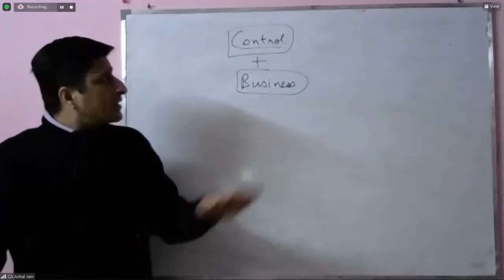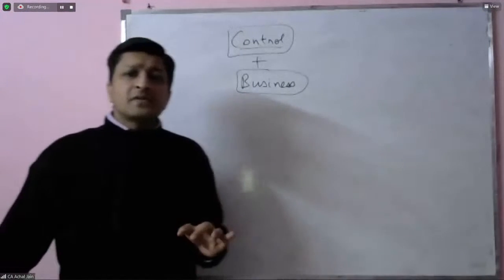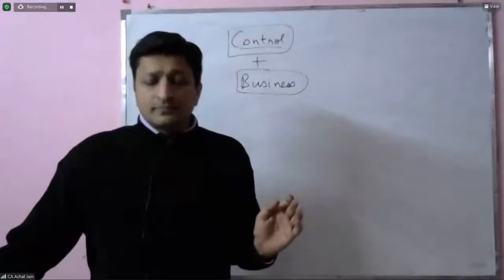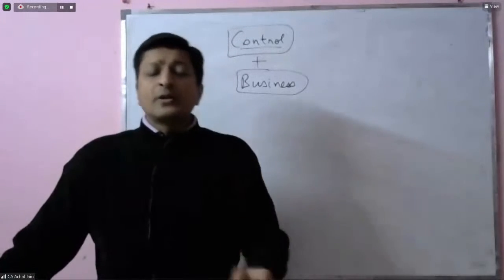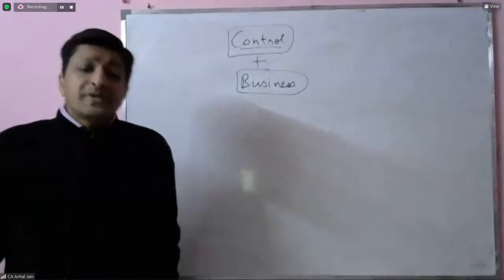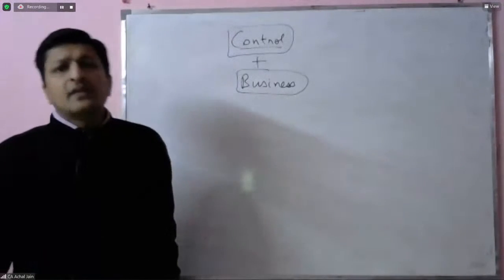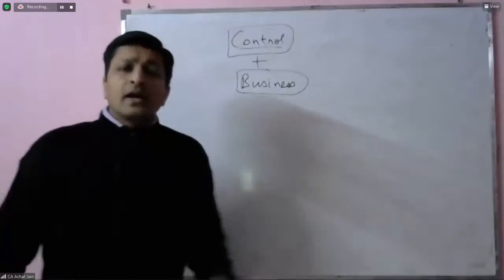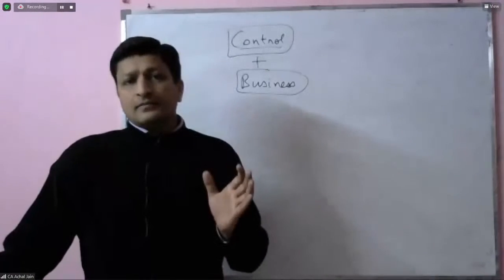In such a case, can we do the accounting as per Ind AS 103? No, not at all. For the accounting as per Ind AS 103, a business has to be there, which should be acquired by the acquirer.